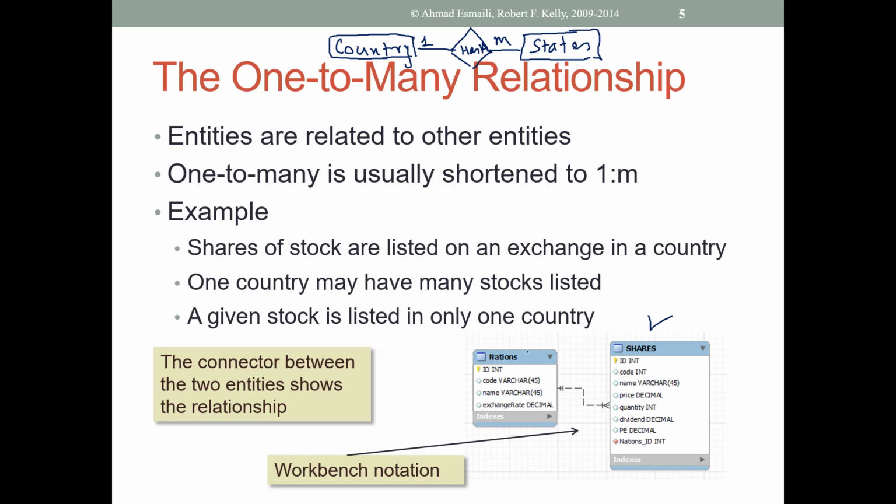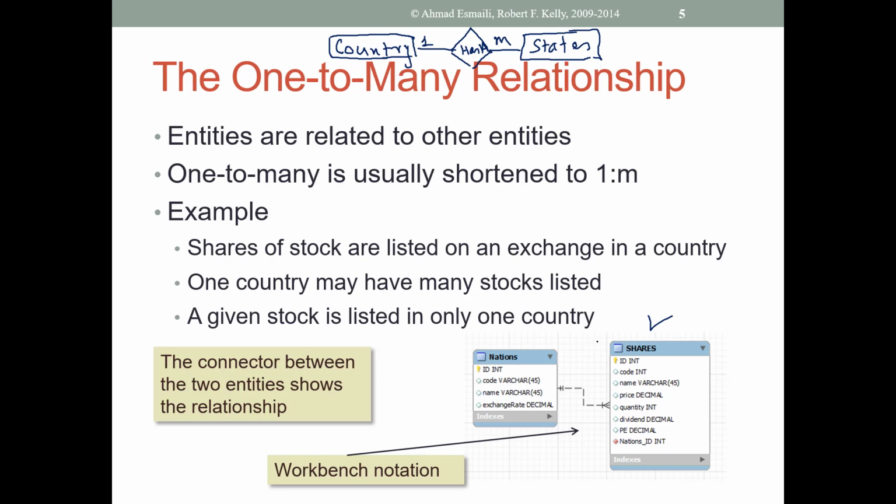We create a table called nations using the nation file, and another table called shares using the shares 2 file. This shares file is different from the shares file that you already worked on.